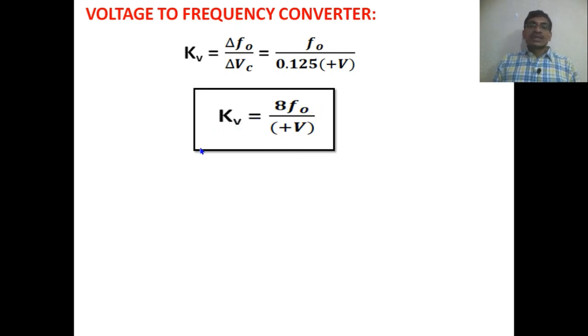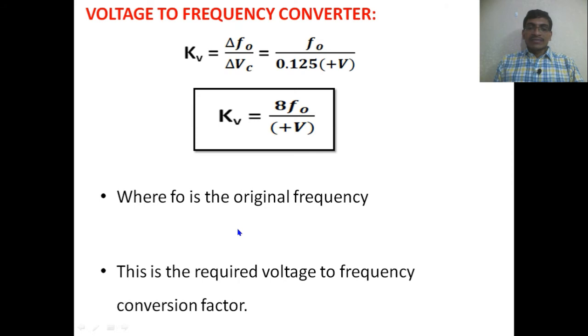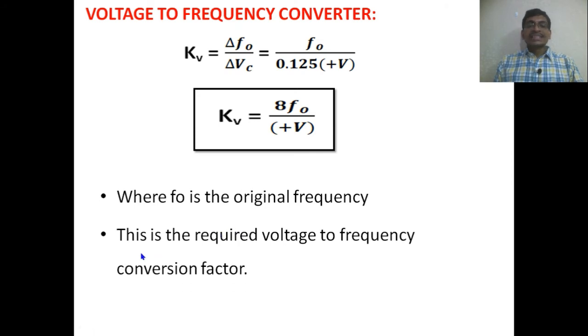So the voltage to frequency conversion factor kV is equal to 8 F naught divided by V, where F naught is the original frequency. This is the required voltage to frequency conversion factor.